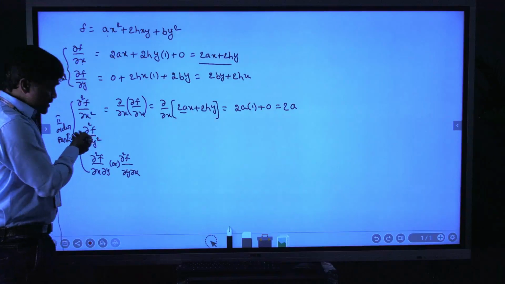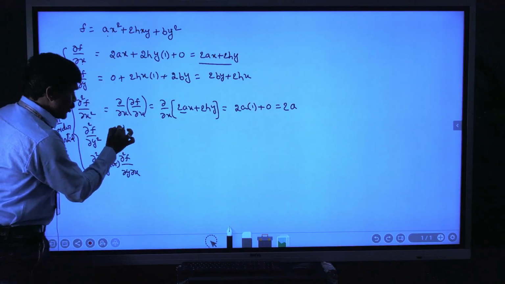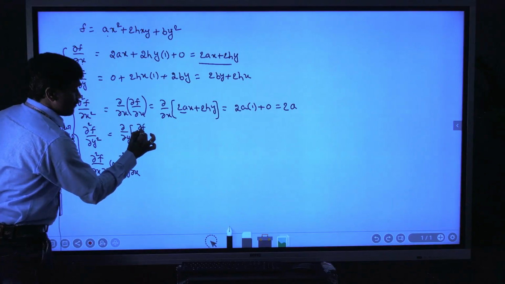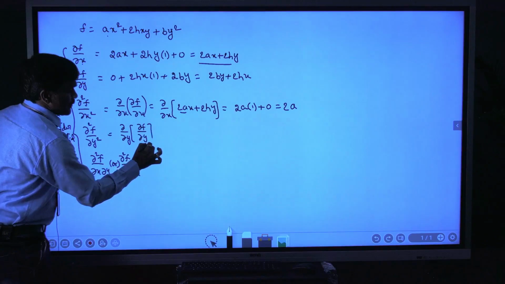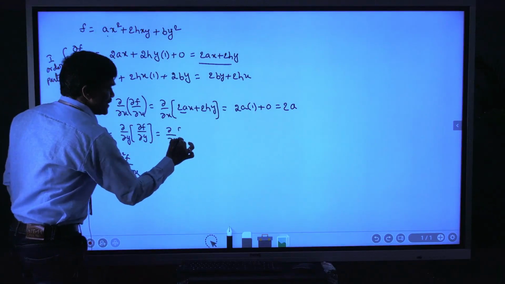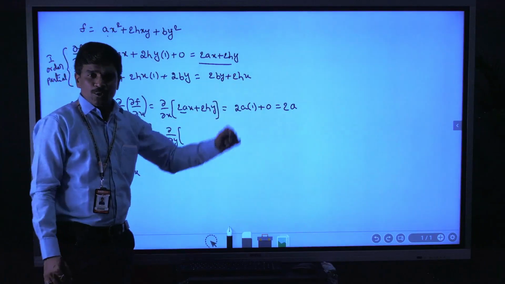Next, dou square f by dou y square. This is written as dou by dou y of dou f by dou y, right? Here dou f by dou y is 2by plus 2hx.